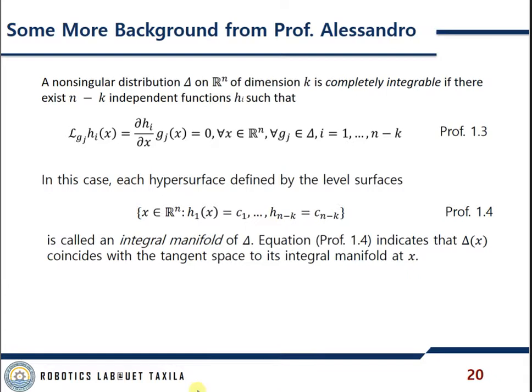It pretty much means the same thing as what is written: the accessibility distribution coincides with the tangent space to its integral manifold at x. So the integral manifold and the tangent space coincide at x.